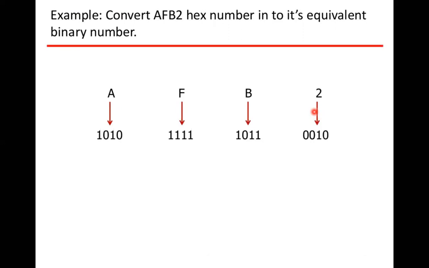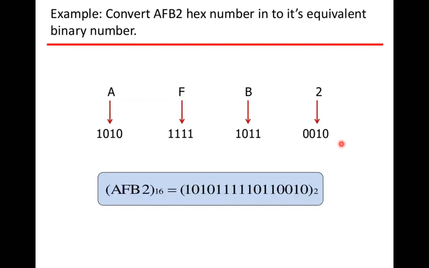A is the 10th number, so 1010. This is how it goes. So this is the equivalent of 10, this is 11, this is 15, and this is 2. Sum up everything: 1010 1111 1011 0010 of base 2 is the equivalent of the AFB2 hexa number.